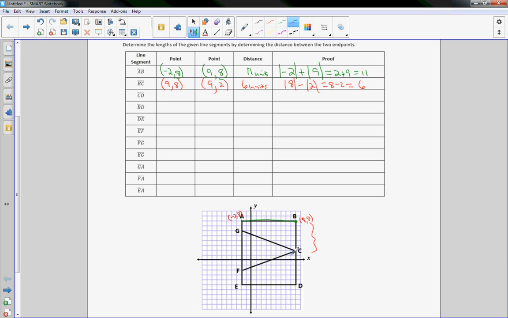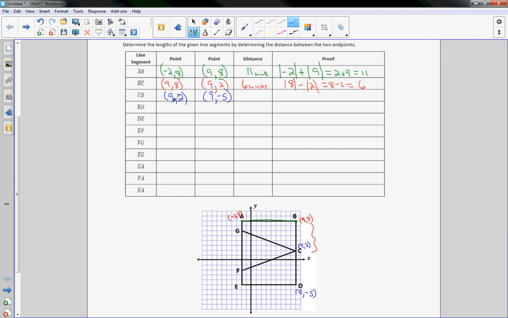Okay, so CD, again, point C is right here. C was (9, 2), and I'm just going to label this so I don't have to keep counting. So C was (9, 2), that's one endpoint. And then D is 9, and counting down 1, 2, 3, 4, 5, so this is (9, -5).